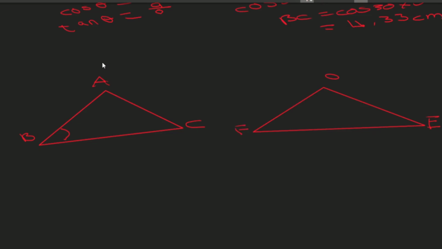In DEF, let's say I don't give you an angle. The rule I'm going to explain now is called the cosine rule. Cosine rule means that because it's not a right angle triangle, we cannot use these rules.